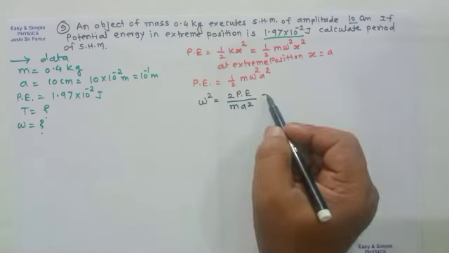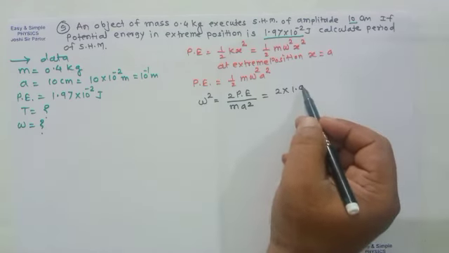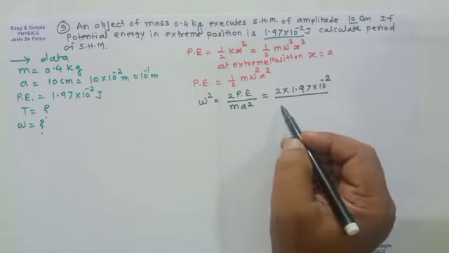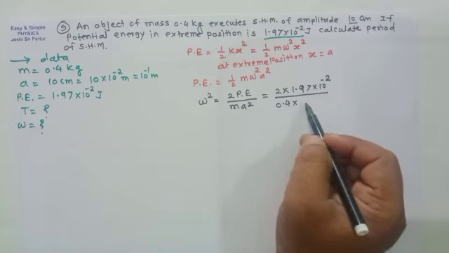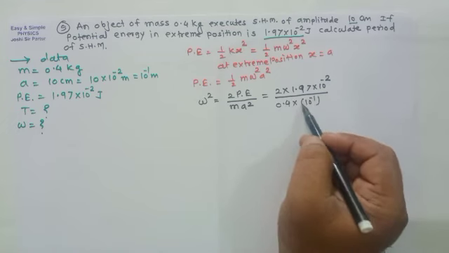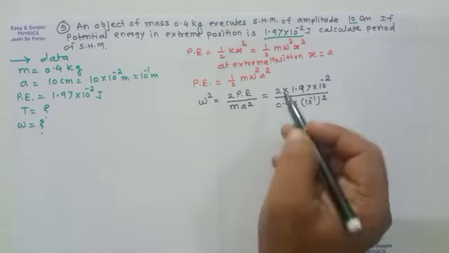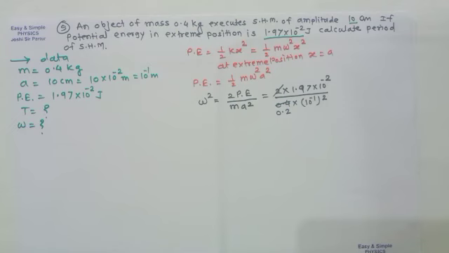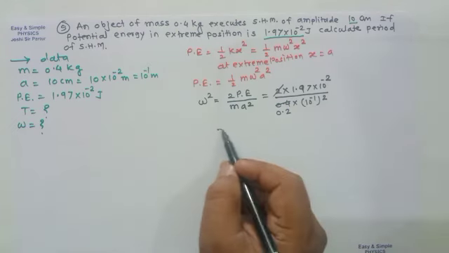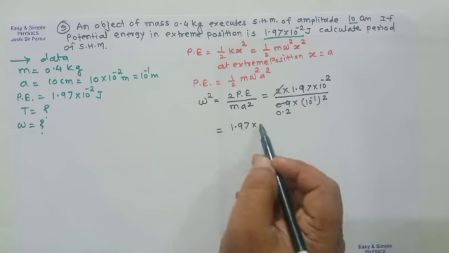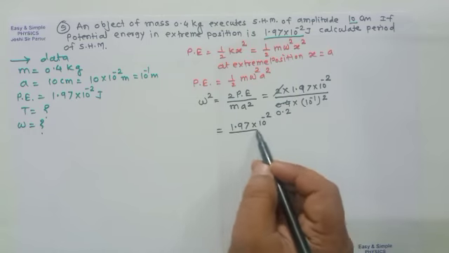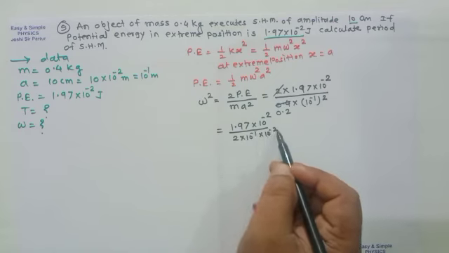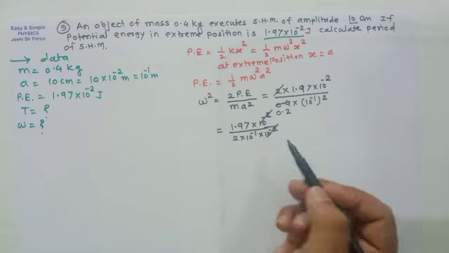If we substitute the values, 2 into 1.97 into 10 raised to minus 2 divided by mass 0.4 into 10 raised to minus 1 squared. 2 into 0.2 will be 0.4. So here the decimal point is shifting, 1.97 into 10 raised to minus 2 divided by 2 into 10 raised to minus 1 into 10 raised to minus 2. 10 raised to minus 2 gets cancelled.